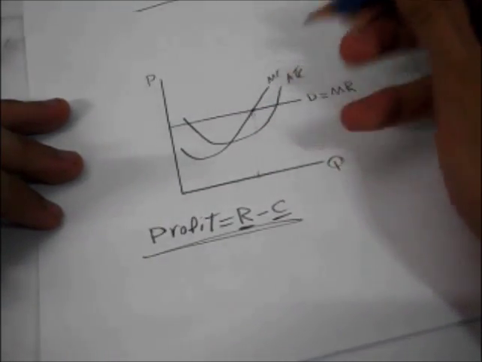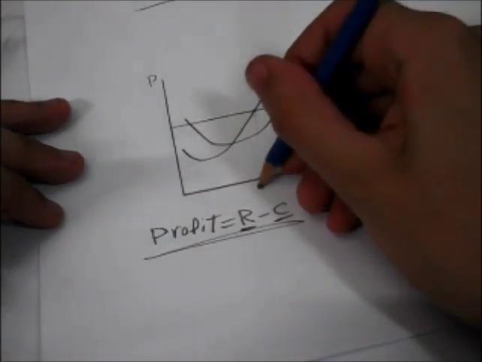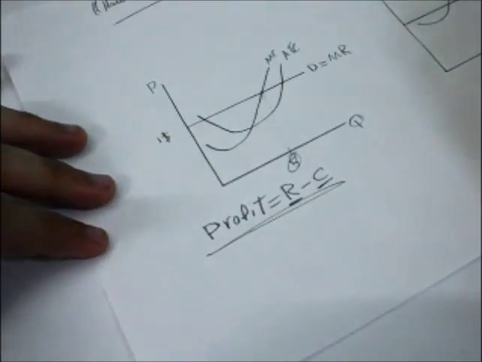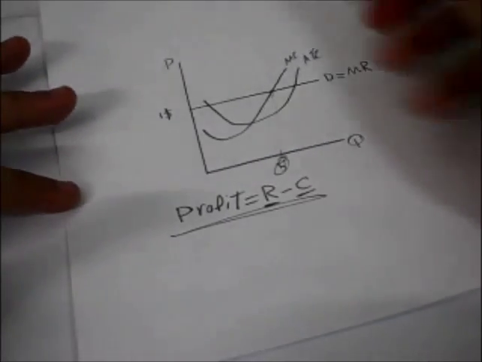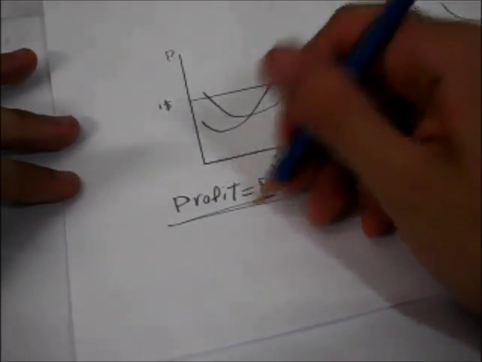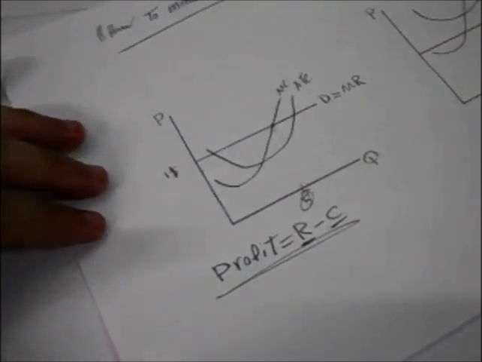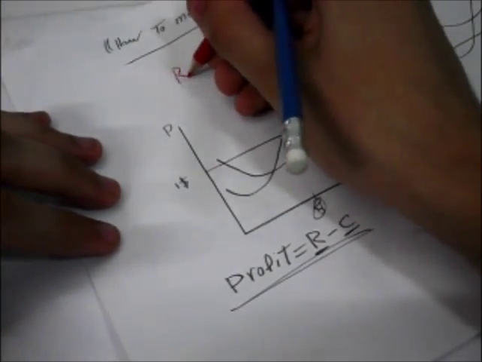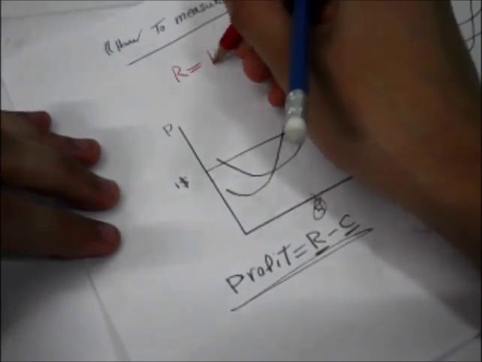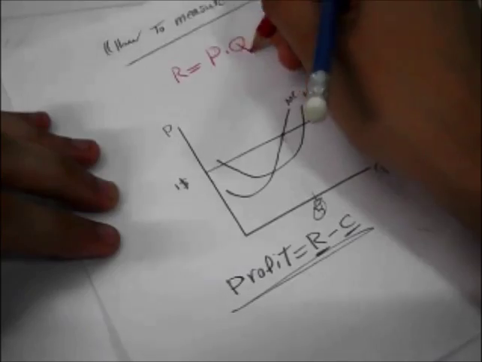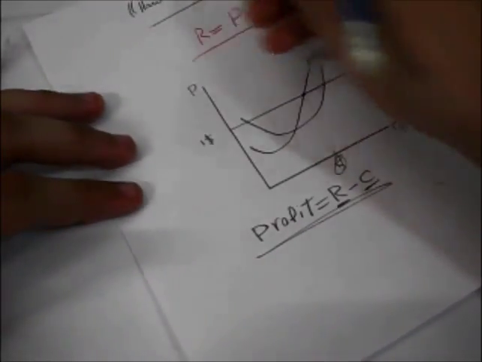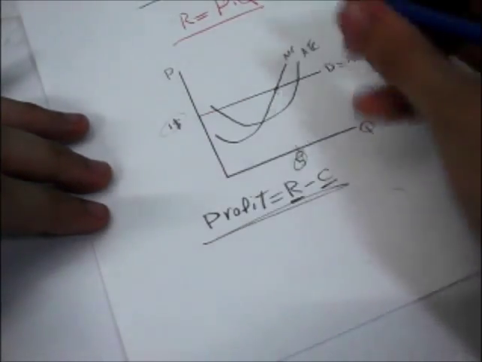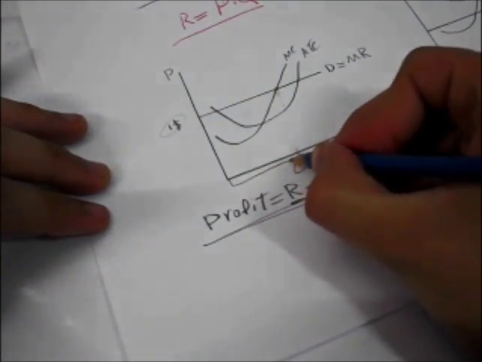This firm is operating at a quantity of 5 and a price of $1. So to get the revenues, let me put it in color here. Revenues equals price times the quantity, and the price is here. This is the price times the quantity, this whole quantity.